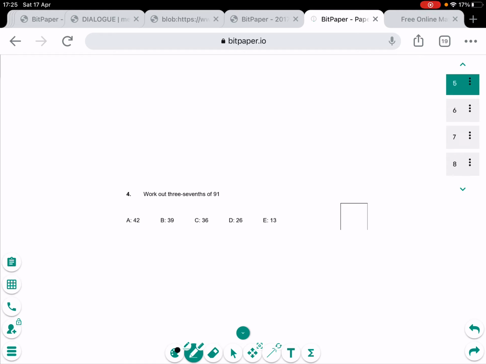For question 4, work out 3/7 of 91. As you might know, a seventh of 91 is 91 divided by 7, so that equals 13, because 91 is just 7 times 13.